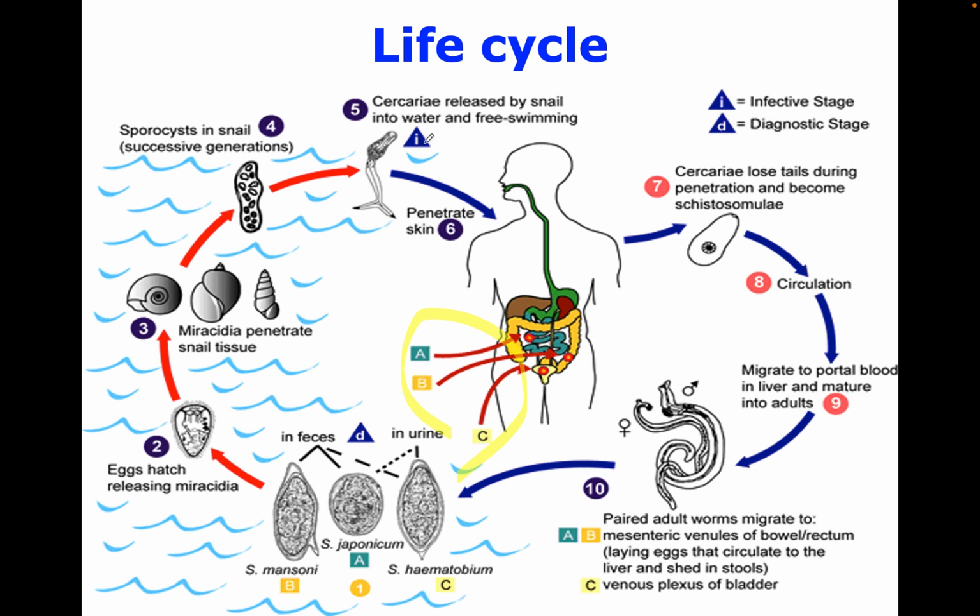So the cercaria will penetrate the skin and get inside the human body. At this time, the cercaria lose their tails during penetration and become the schistosomula. This is another form of the larvae, and they will get inside the circulation system.